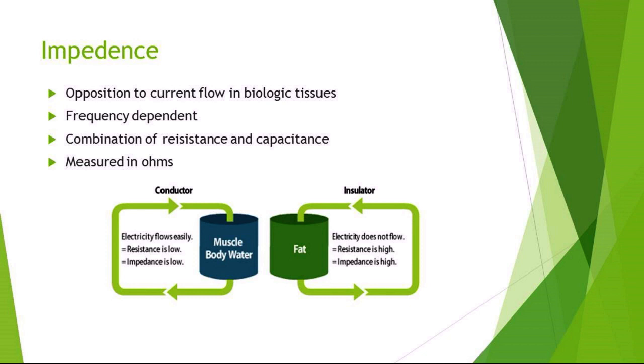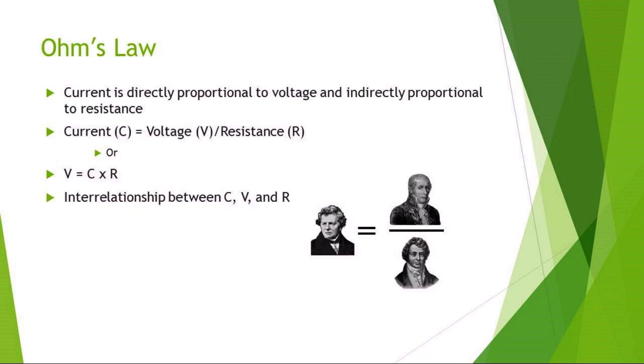If you have more fat, it's going to have a slower current because you have more impedance. That's how those impedance body fat detectors work. Of course, the gold standard for body fat measuring is hydrostatic weighing, but you'll see those impedance units are smaller and easier to use and less expensive, so you'll see those used as well.